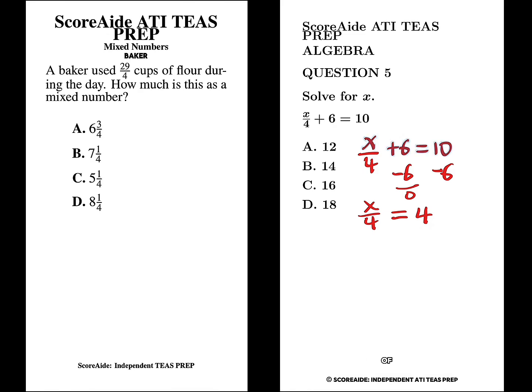So the opposite of division is going to be multiplication. So we are going to multiply both sides by 4. When you do that, 4 is going to cancel, and we have x is equal to 4 times 4, which is 16. So the value of x in this case is x equal to 16. So the answer is going to be C. You see that, right? That is straightforward.